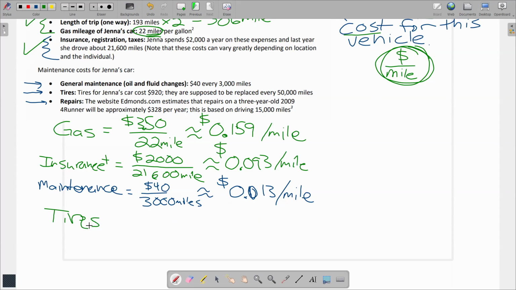So Jenna's are 920 and they're supposed to be good for 50,000 miles. So write it down as a fraction, 920 over 50,000, and whip it out on the calculator.